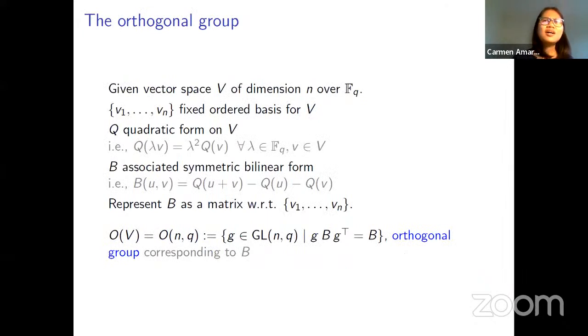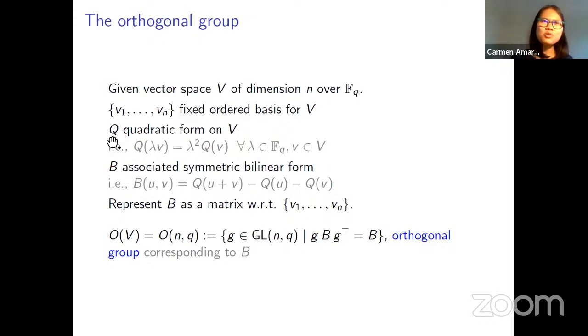So, what is the orthogonal group? Okay, the orthogonal group has a geometric definition, but I will describe this more as matrices. We start with a vector space V of dimension n over a finite field F_q. Take a fixed ordered basis with elements small v1 up to small vn.